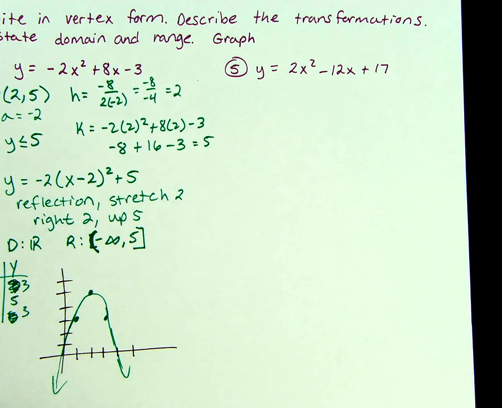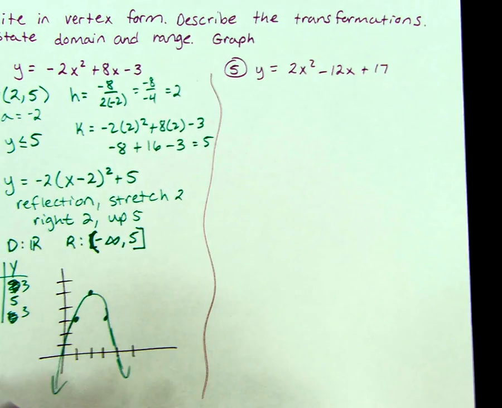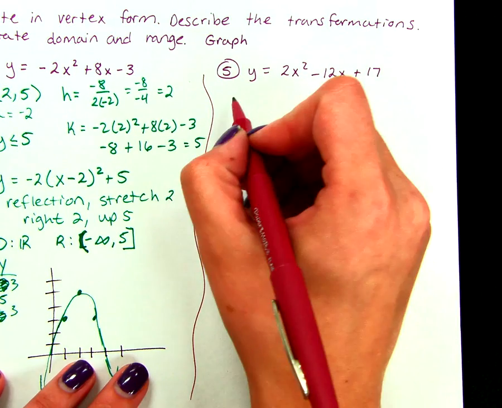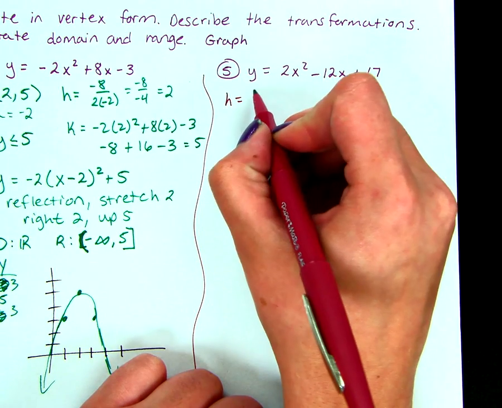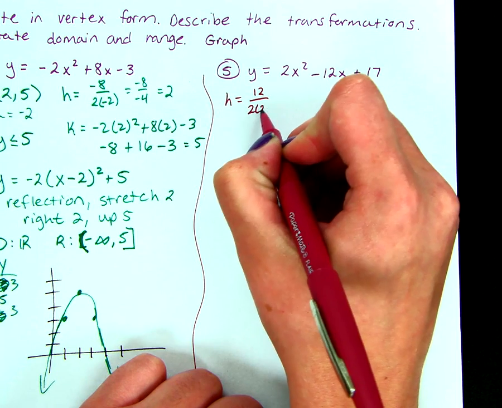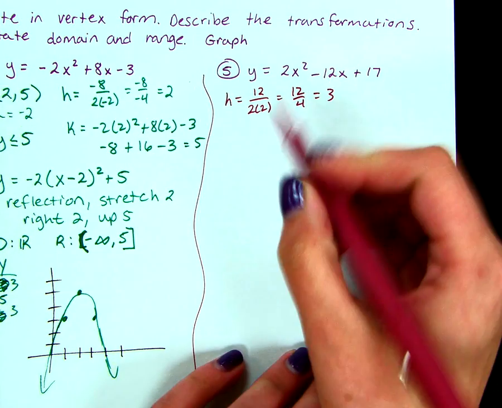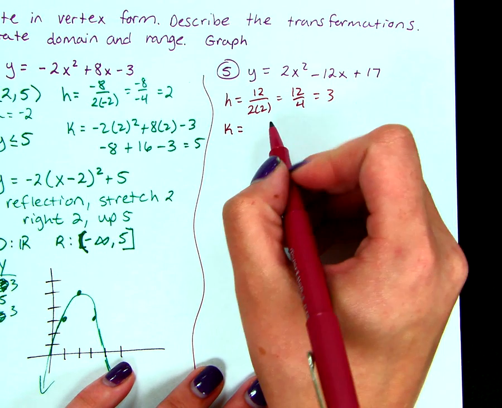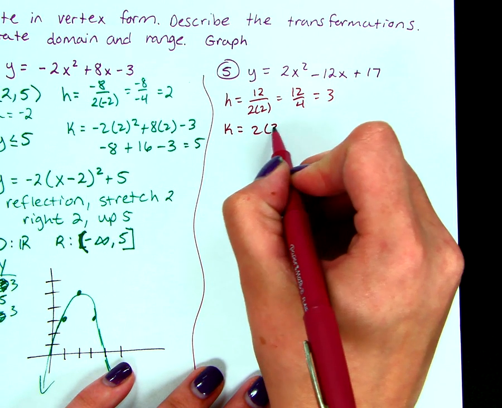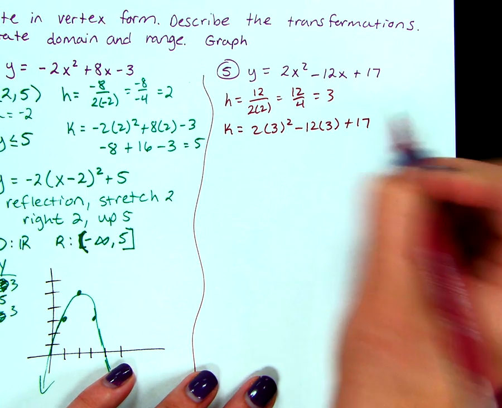So again, we're going to go through a similar process. My square term isn't going to have a 1, so I'm going to use the same method. We're going to start by finding the vertex. So h equals positive 12 divided by 2 times 2. So 12 divided by 4 will be 3. Substitute that in to find our k value. So 2 times 3 squared minus 12 times 3 plus 17.